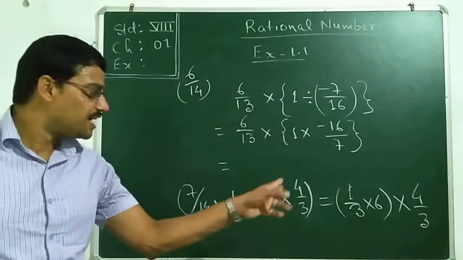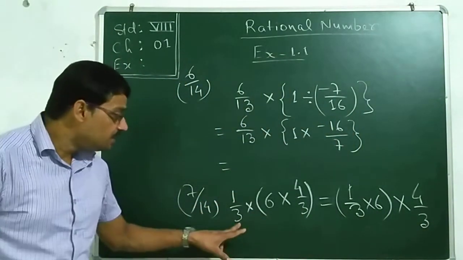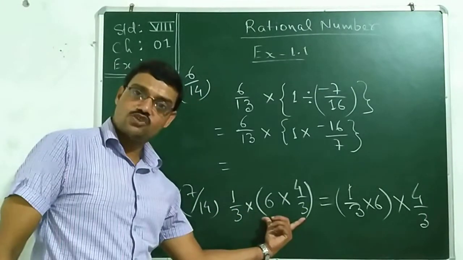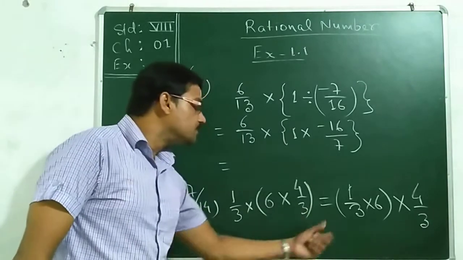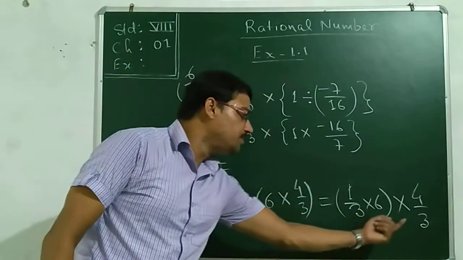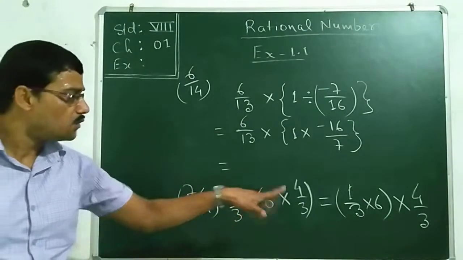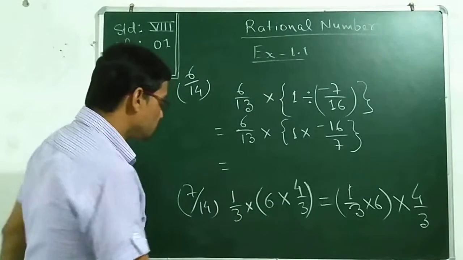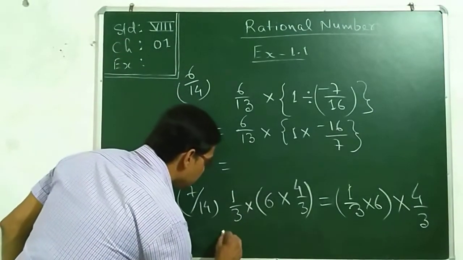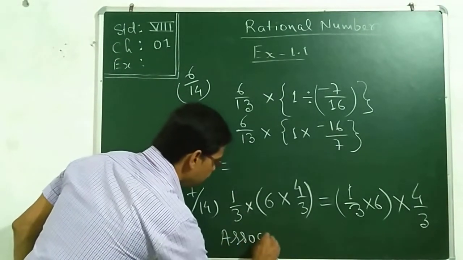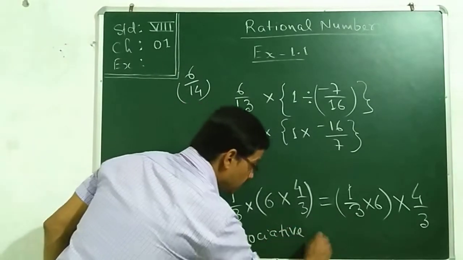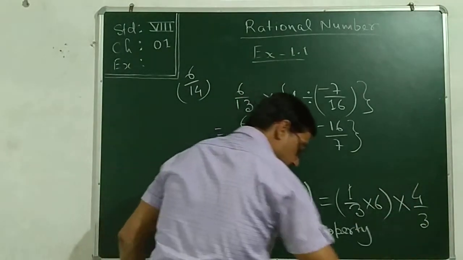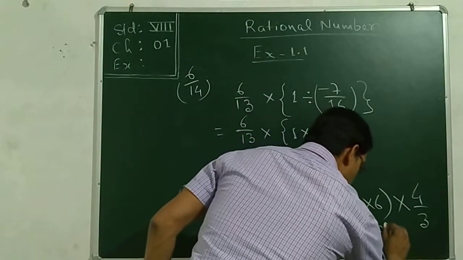If you recall my explanation, then you will remember that A into B into C is equal to A into B and C associated together, because of the associative property. So the property used is the associative property.